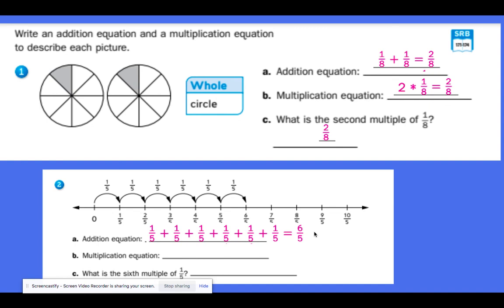What does that look like as a multiplication equation? Well, if you're counting by 1/5 6 times, that would be 6 times 1/5 to get your 6/5. That means, again, what's the sixth multiple of 1/5? If we're counting by 1/5 6 times, the answer there would be, of course, 6/5.